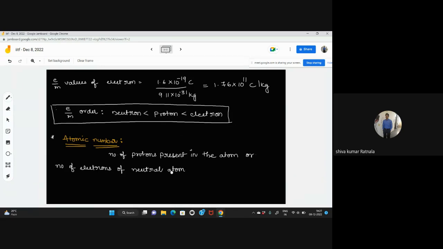Generally atomic number is represented with Z. Whereas mass number, how can we define it?